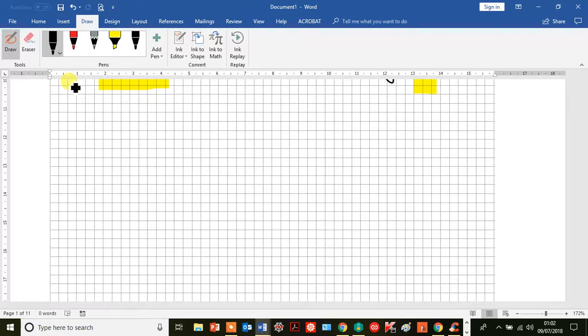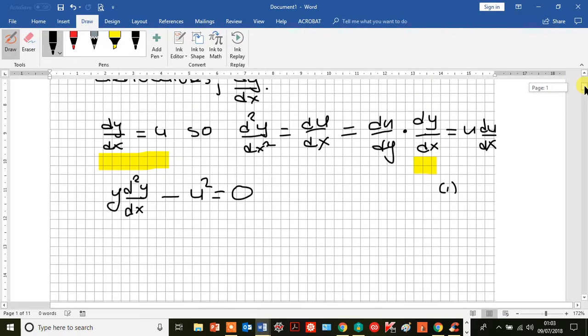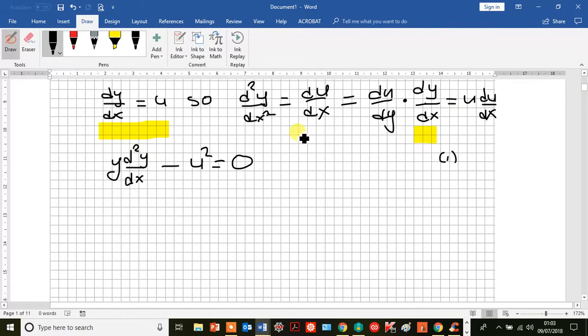So let me just write equation 1 down again, so that we've got a good reference point. Minus u squared equals 0. So we know that this is equation 1 as at the beginning of the presentation. Right, okay. So we've got d squared y by dx squared equal to u du by dx.